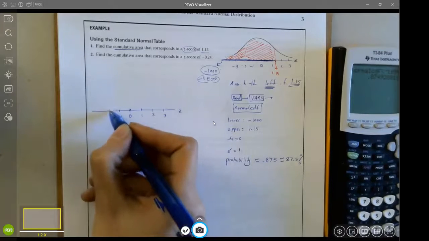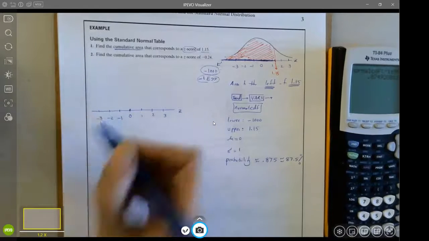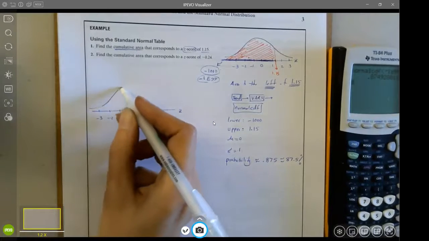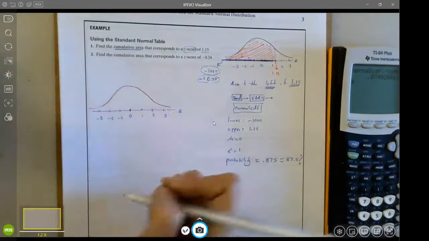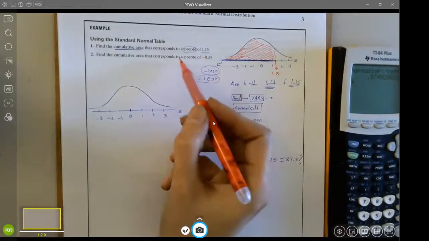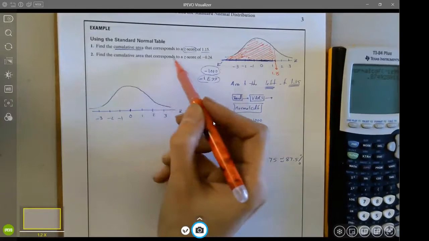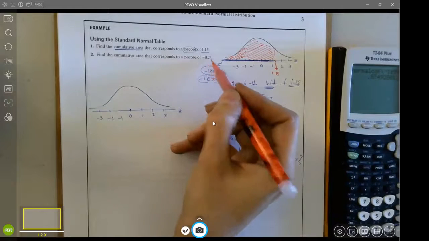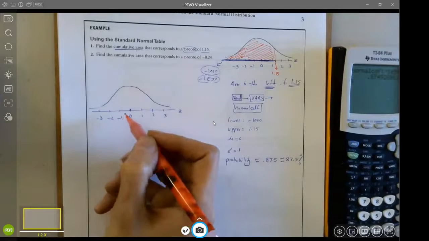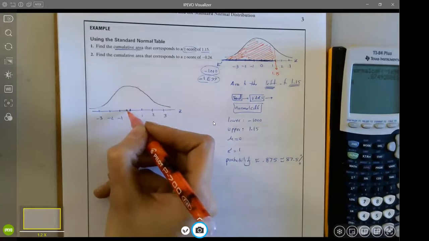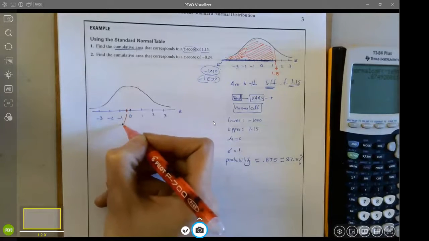On the left-hand side of 0, we have negative numbers. And here we have our graph, which is like this. Now it says, find the cumulative area corresponding to z-score negative 0.24. Negative 0.24 is going to be a small number, which is here.